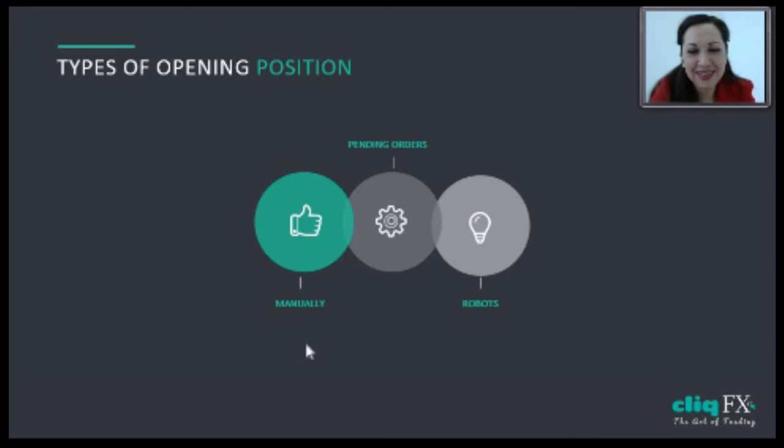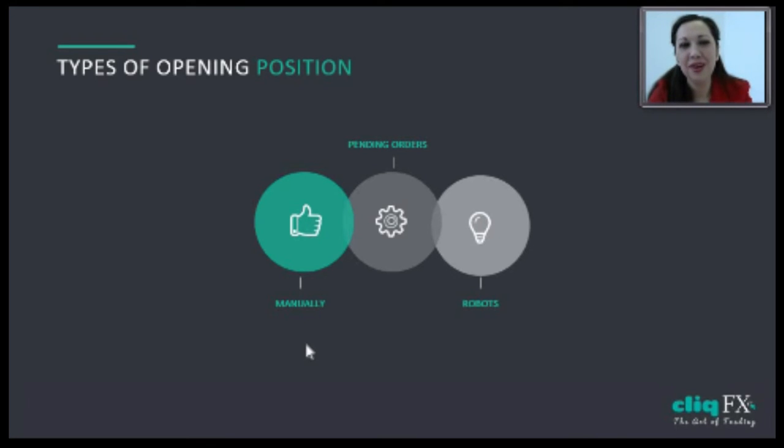And as I mentioned, there are only two variants that are provided with the terminal for opening their positions. But also, the company gives you another chance and another opportunity, another way of opening transaction position. Actually, you can do it with the help of expert advisors or robots.